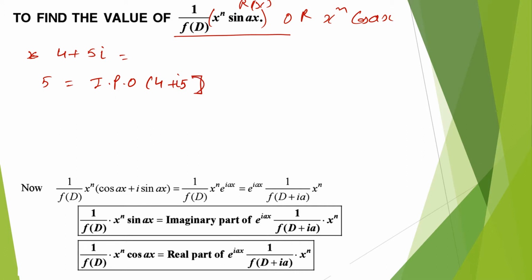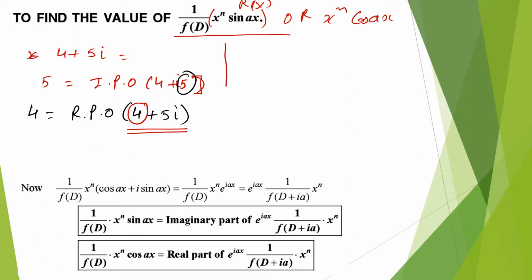That means we are only focusing on the value 5. Similarly, 4 is the real part of 4 plus 5 iota. That means we are only focused on the real part of this complex term.